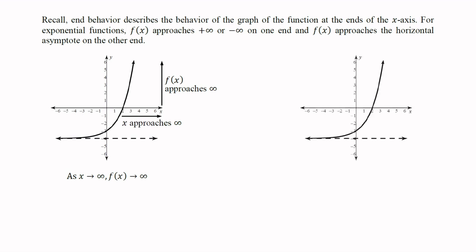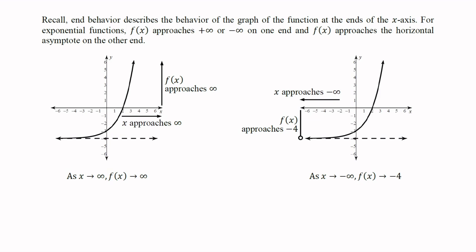Now, if we take a look at the same graph and look at the left-hand side where x is approaching negative infinity, you'll notice that f of x is approaching negative 4. That horizontal asymptote is a line that the graph is never going to touch.